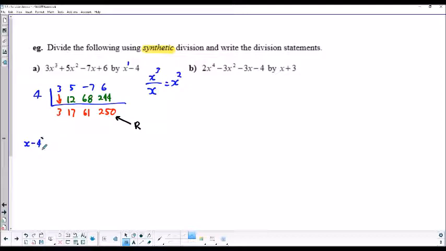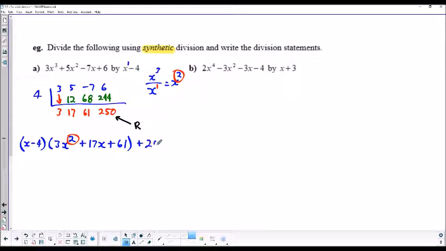So there's our divisor. Our quotient is going to be 3, that's the coefficient. But instead of x cubed, it's going to start at x squared because we already divided. So here we divided the x cubed by the x to the power 1, and that gives us the exponent 2. That's why we get the squared here. The 17 has the next lower power of x, and then the 61 is the constant.